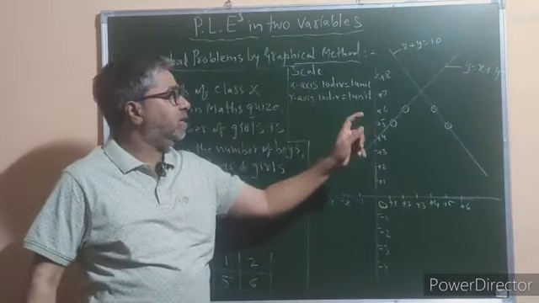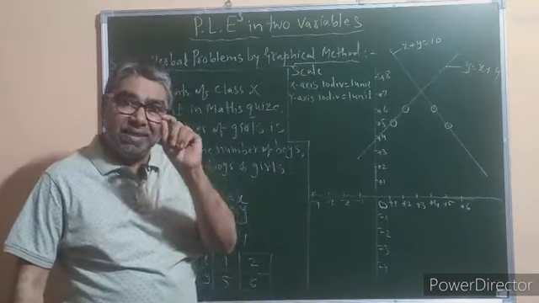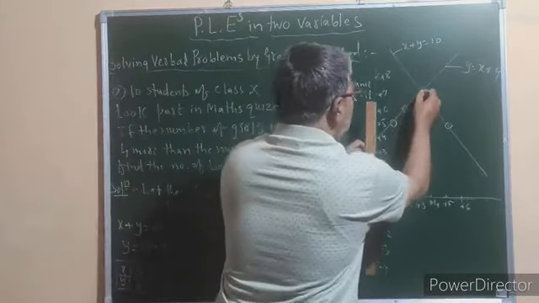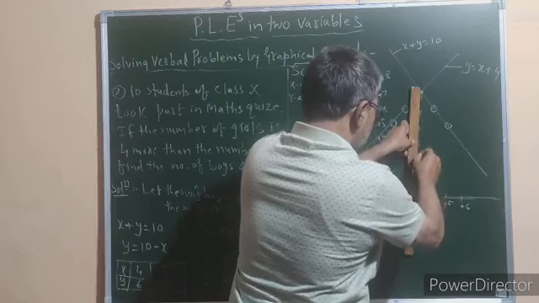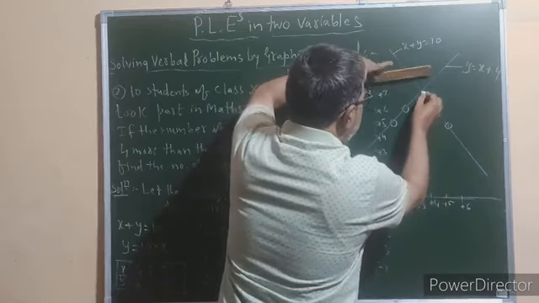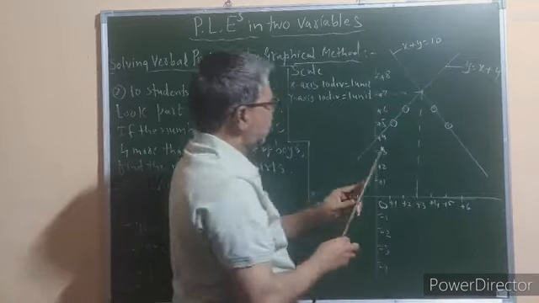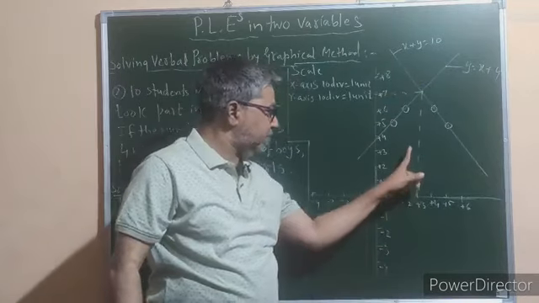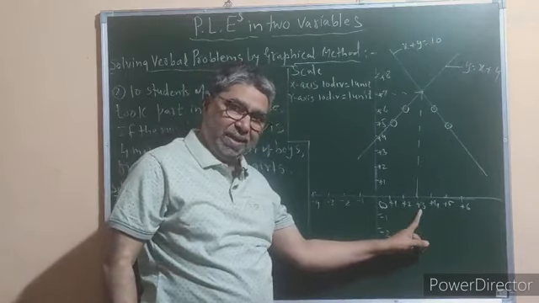If you look at the graph sheet, these two lines are intersecting at a single point. From that point you draw one perpendicular on the x-axis and another on the y-axis. The first perpendicular is falling on 3 of the x-axis.